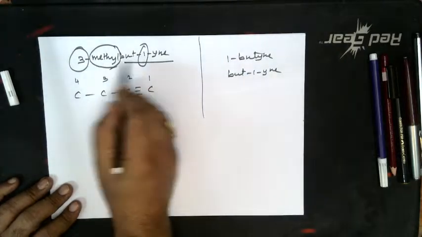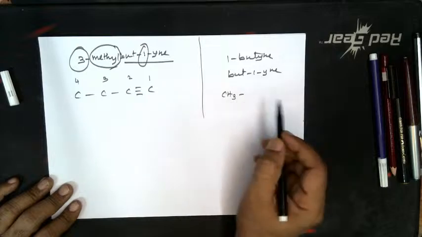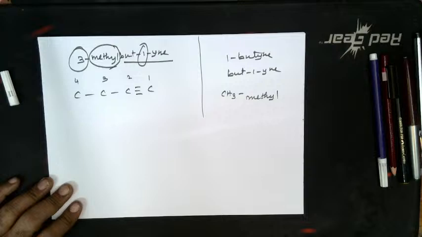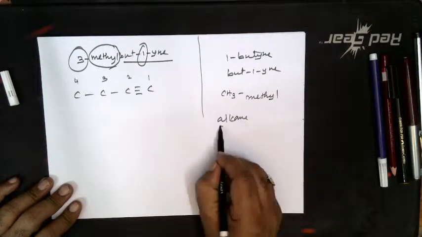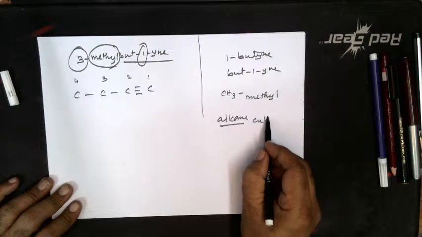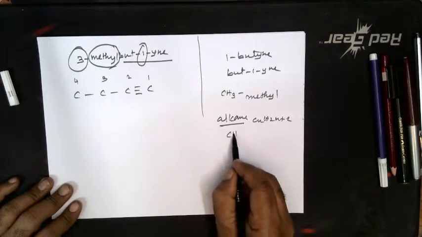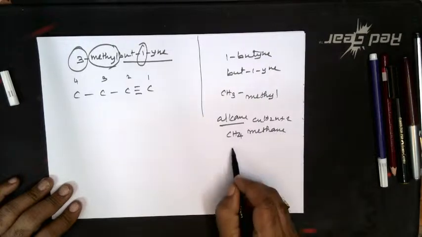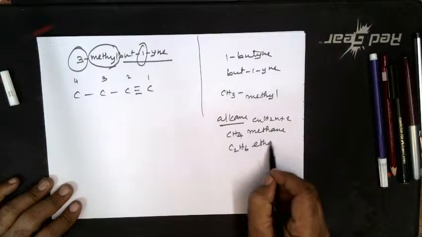Now the methyl group is substituted. CH3 is called the methyl group. You have alkane, is it not? What is alkane? CnH2n+2. Methane, ethane, C2H6, and so on.